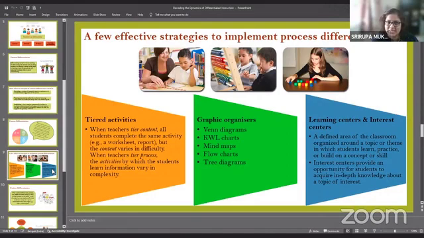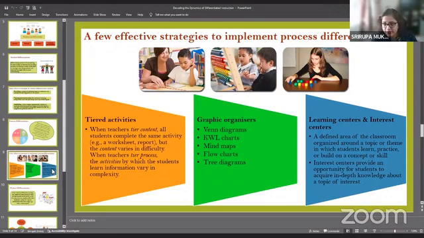Now, again, this is, I feel, a very helpful method of bringing about process differentiation. Now, tiering, of course, is something that we can do for both content as well as process differentiation. But when we are tiering content, actually what we are doing is that all the students are doing the same activity.